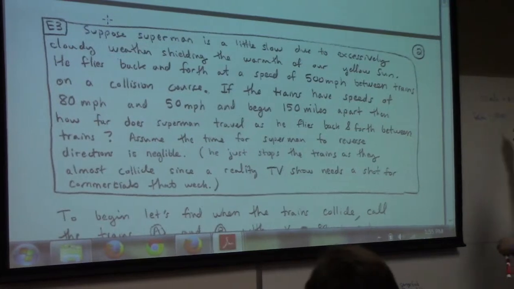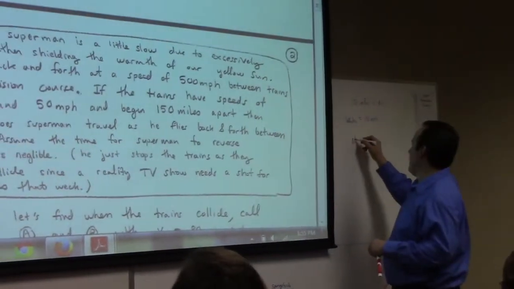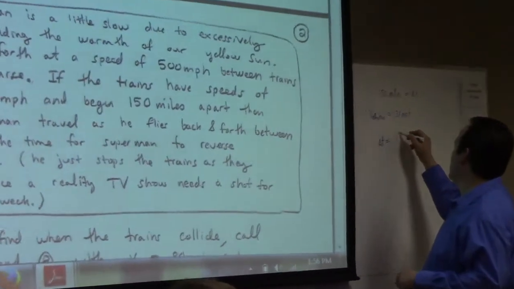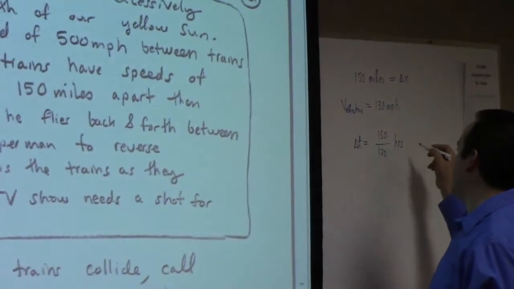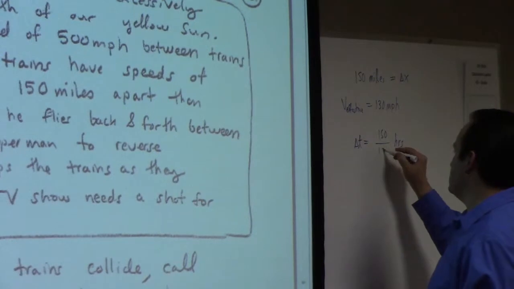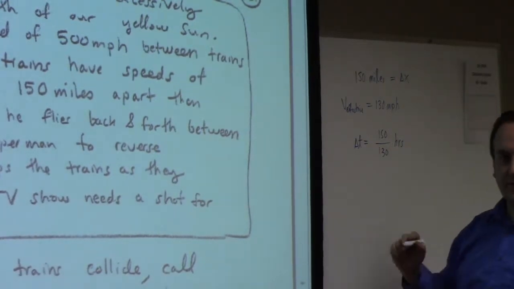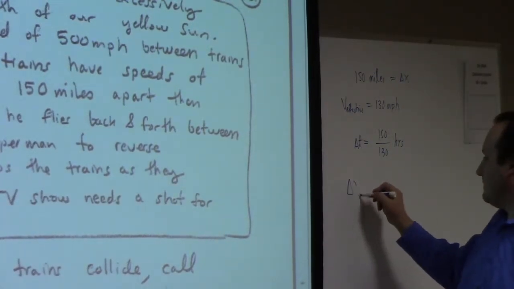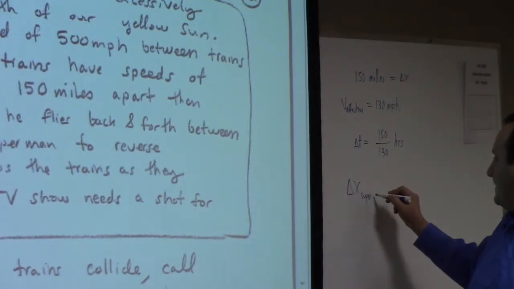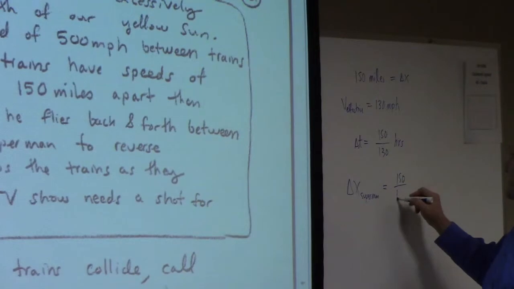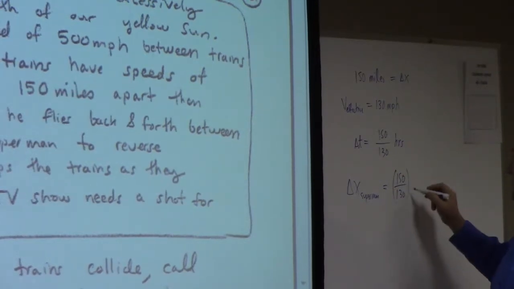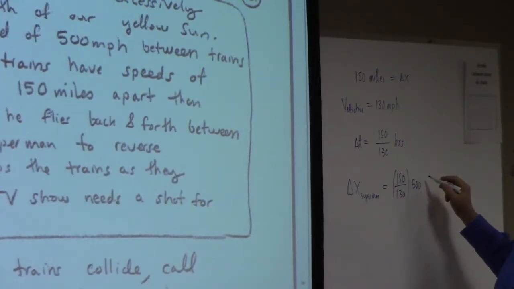How do I figure out the time then? 150 miles divided by 130. Yeah, 150 over 130. Miles cancel, we get hours, whatever that is, right? Then what's the delta x for Superman? It's 150 over 130 times 500 miles per hour, right?